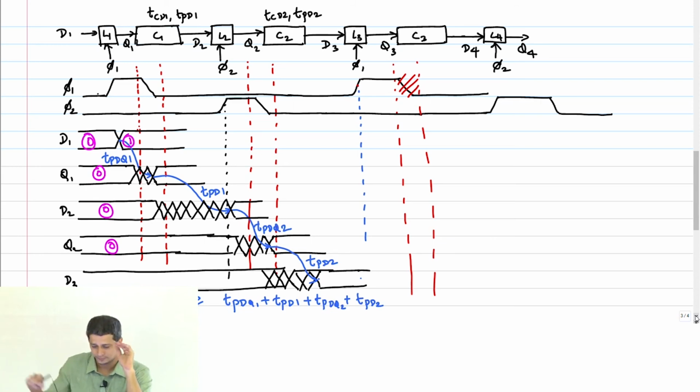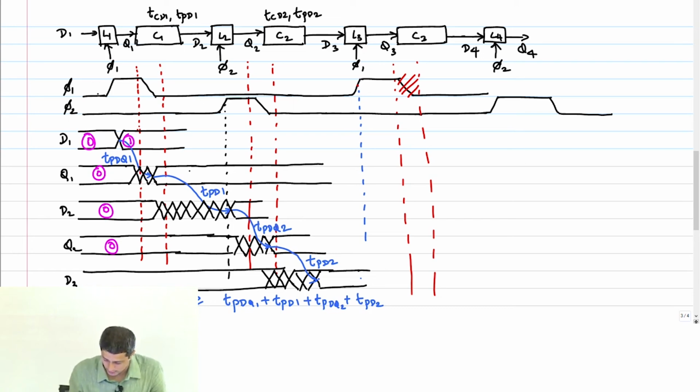Now let's come back to our min delay constraint. Where can D1 change? If you look at Q1, the aim of Q1 is to simply hold this data for as long as possible.